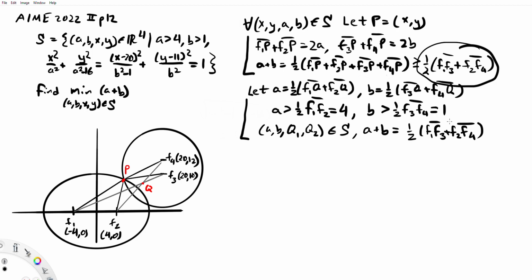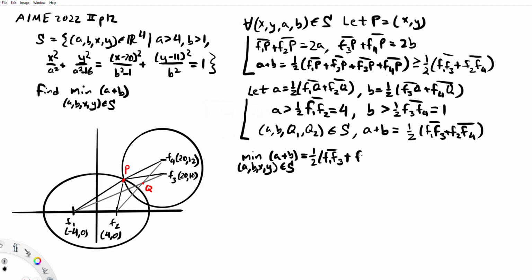So yes, that is indeed the minimum. We can say the min over all (A, B, X, Y) in the solution set of A plus B equals 1/2 (F1F3 plus F2F4).